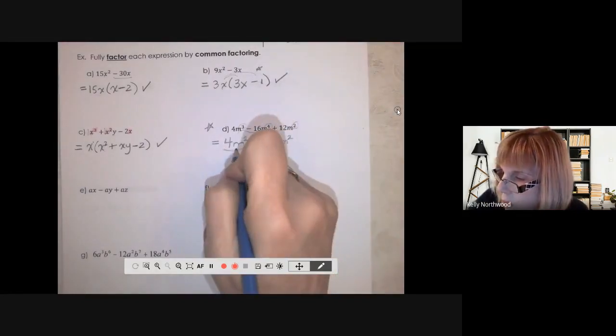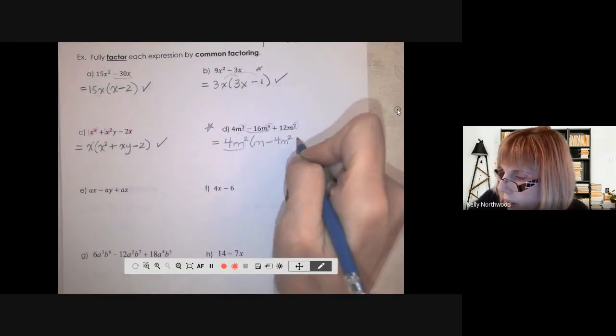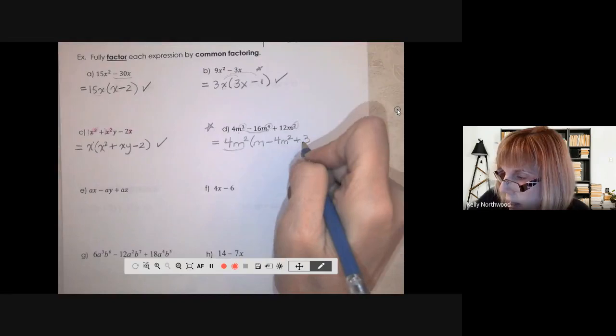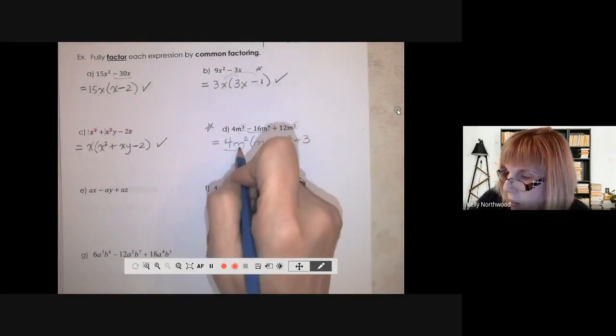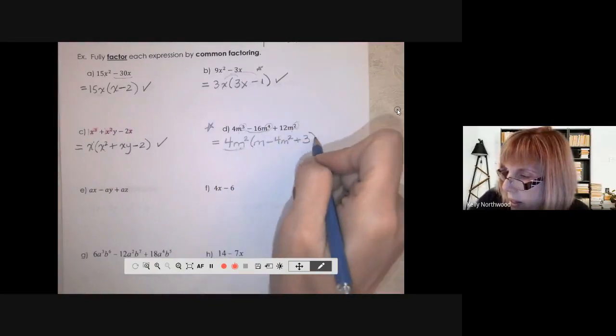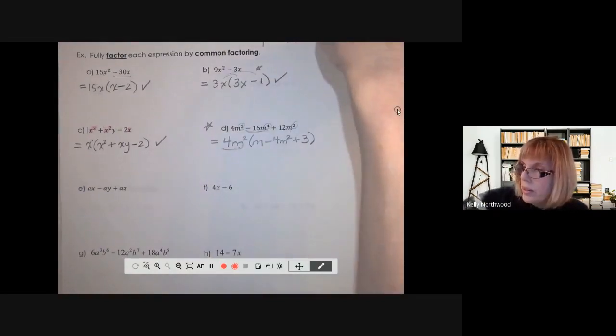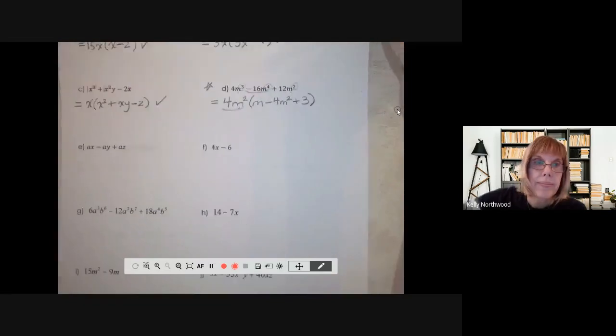And then what do I multiply 4m squared by to get positive 12m squared? It's going to be positive 3. And I don't need any m because there's already an m squared ending here, and that's what I'm trying to get. So that would be D factored using common factoring.